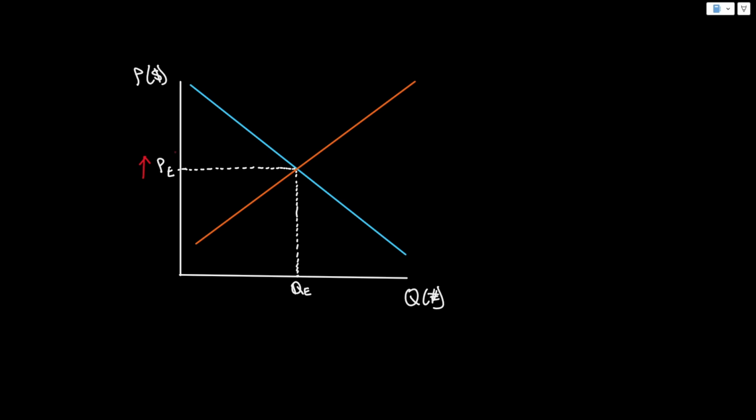So for example, if we have our P1, let's say right here, I'm going to draw the line. So we'll have a market surplus between right here. So our quantity of demand is right here, and our quantity of supply is right here.